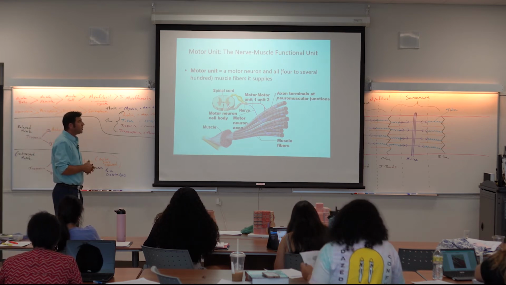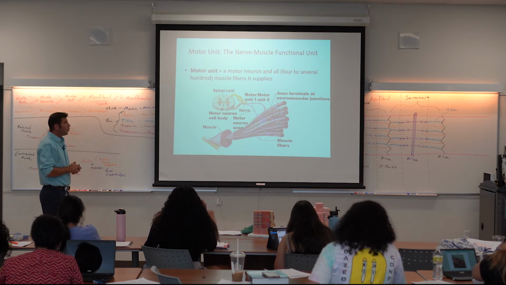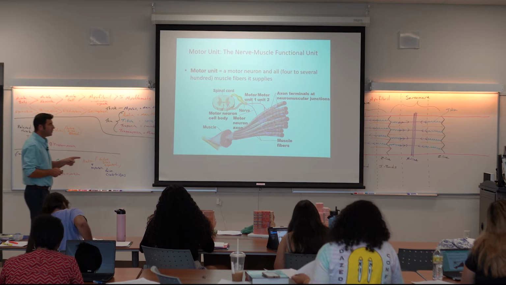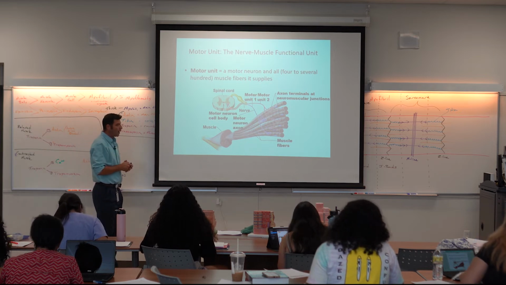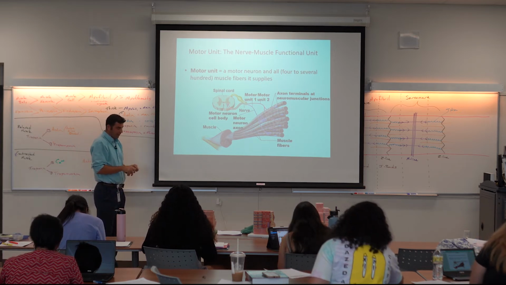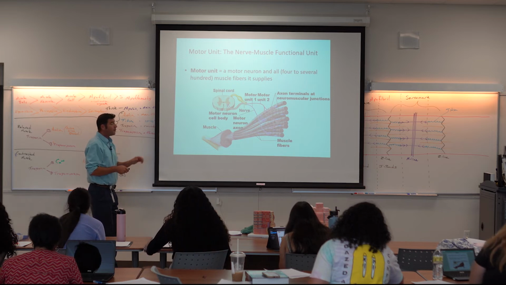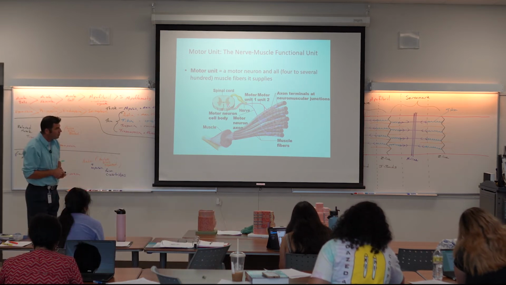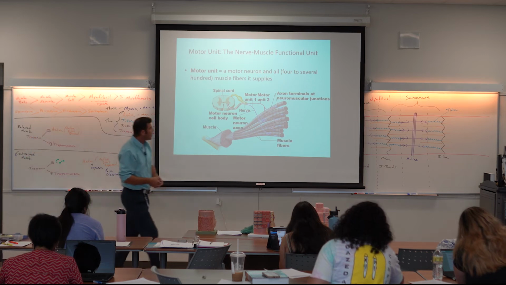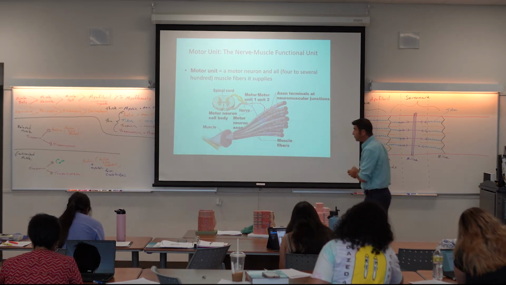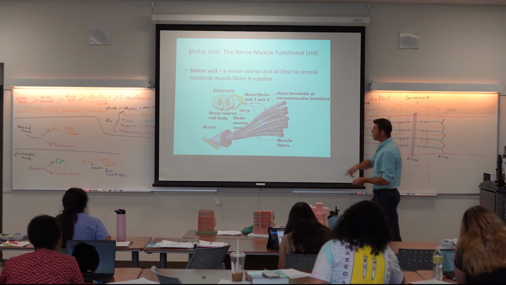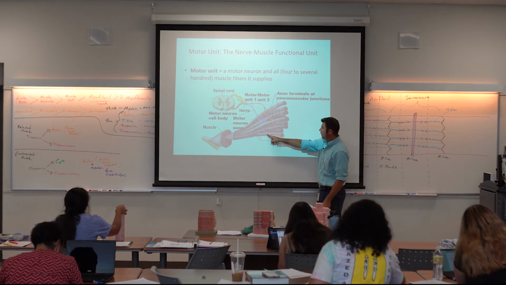This slide introduces us to the term motor unit, which we can think of as a motor neuron, one of these motor neurons here, and all of the muscle fibers that it goes to. For example, we've got two motor units here. One motor unit is shown in kind of a blue or purple color. They're calling this motor unit number 1. You can see how this is a motor neuron that goes to just 2 of these muscle fibers.